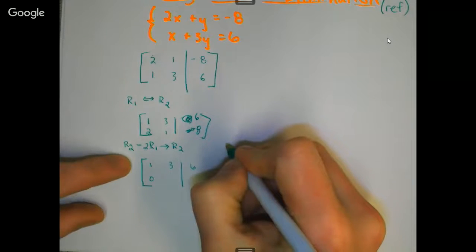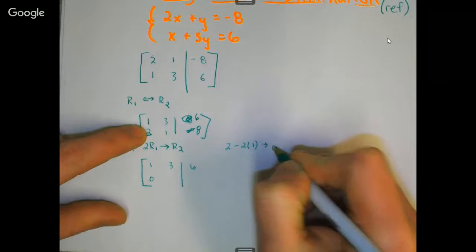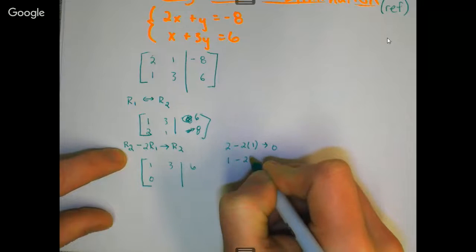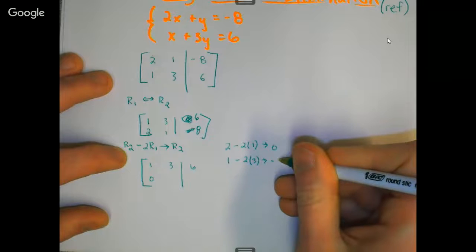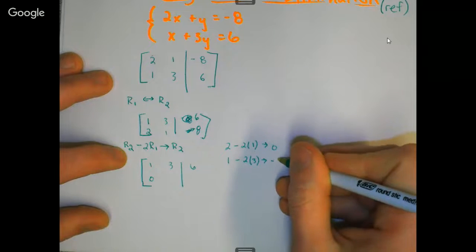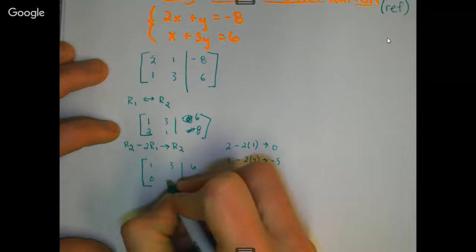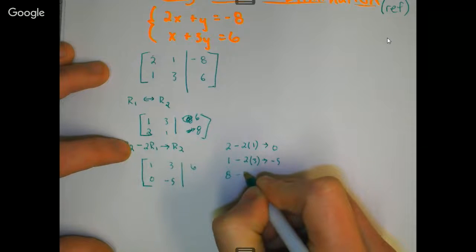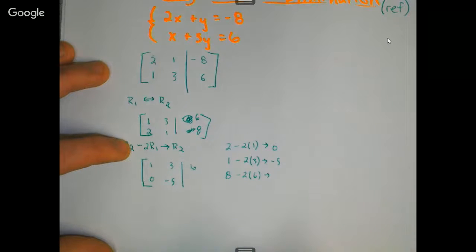You could say 2 minus 2 times 1, which is 0. Then you could say we go to the second column, 1 minus 2 times 3, which is negative 5. And then we will have 8 minus 2 times 6.